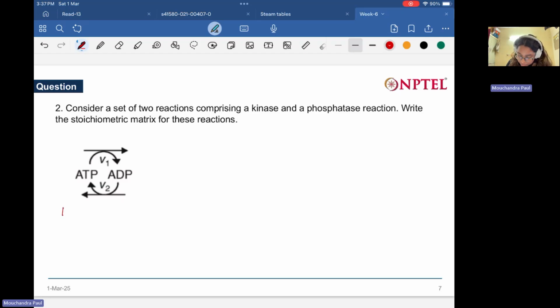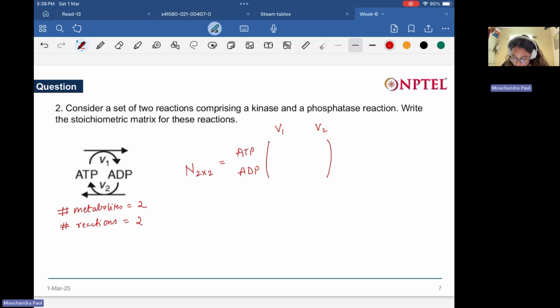So number of metabolites is 2, and there are two reactions. Okay. So N is 2 cross 2. Here the metabolites are ATP and ADP, and there are two reactions. So let's complete this matrix.